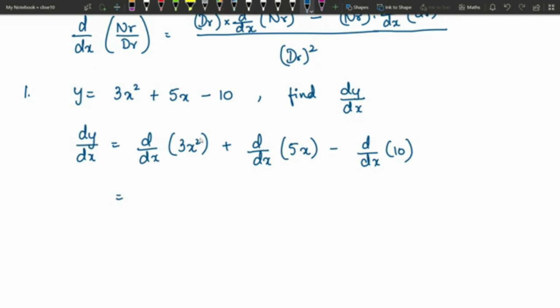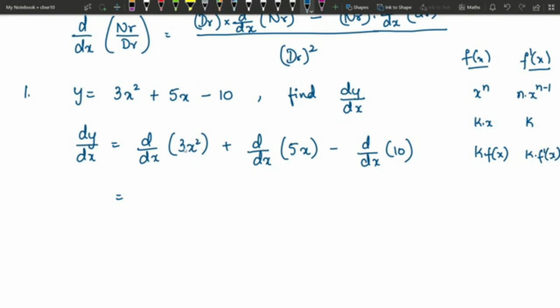Now for this one we will use the formula if you have k into x square. So I will write the function here and I will write the derivative here. If you have x power n, then the derivative of that is n into x power n minus 1, and if you have k into x, the derivative is k. If you have k into f of x, then the derivative is k into f dash of x. So basically here we have 3 into x square.